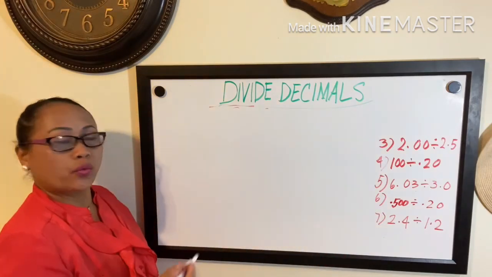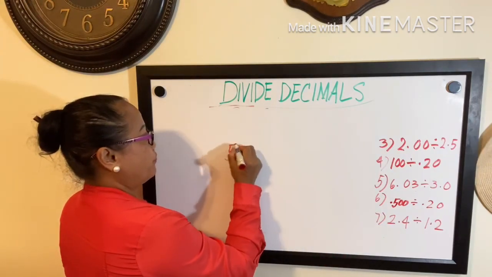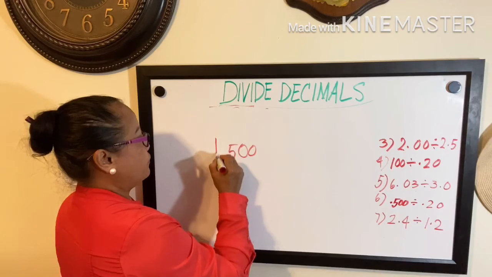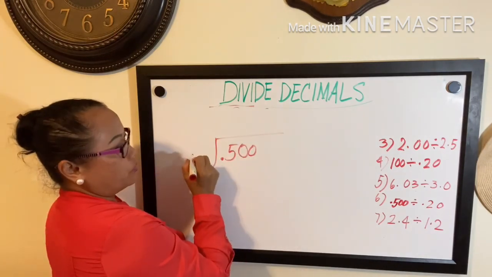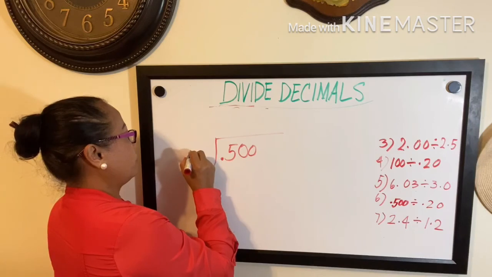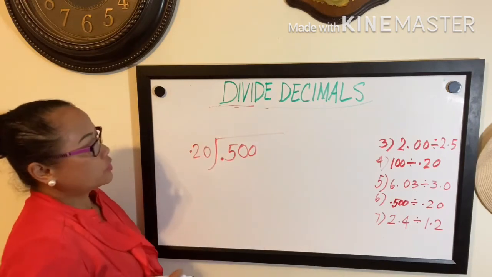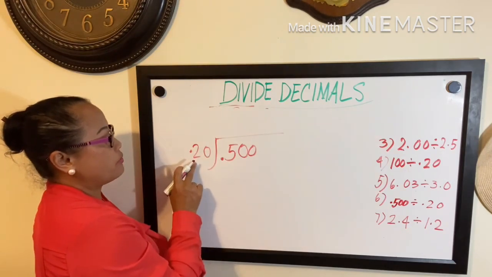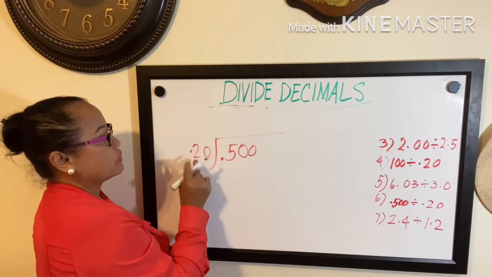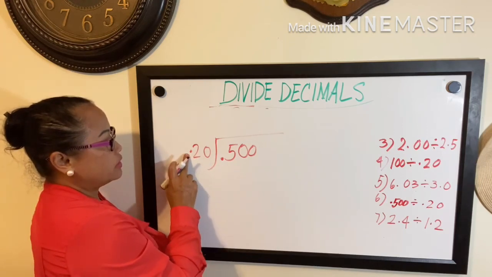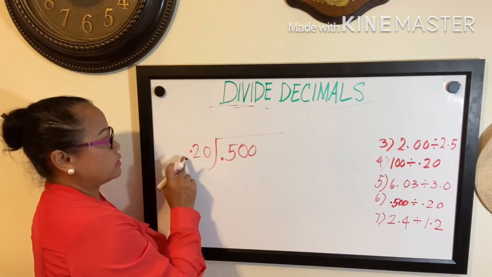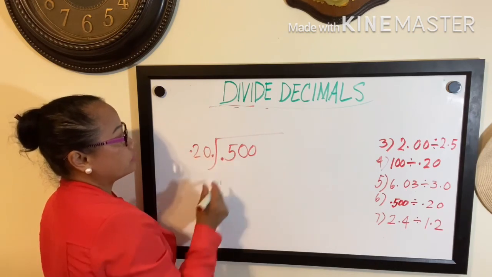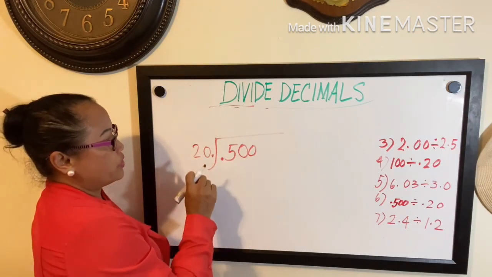500 divided by 20. So 500 or 500.0 divided by 0.20. So we'll move again 2 places here because we want to make this a whole number. So when we move this decimal 2 places, 1, 2, so it's here. So that one is a whole number.